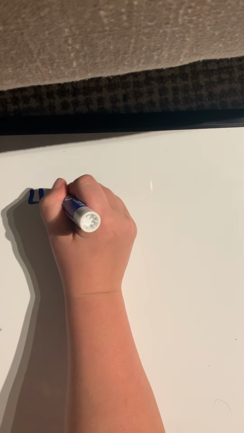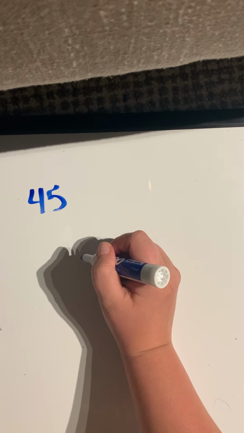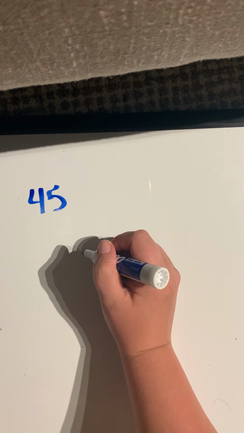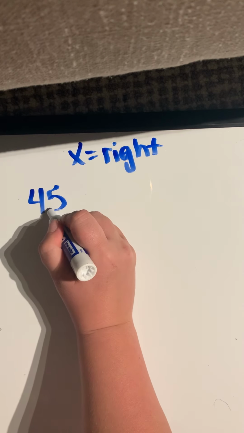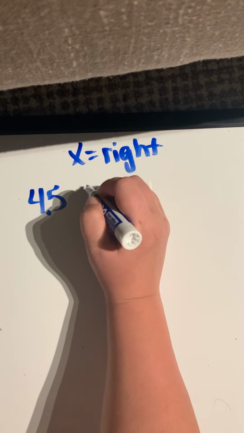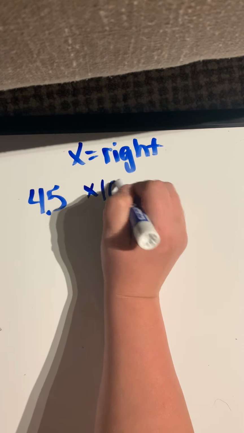Okay, so for number 1, we should have gotten 45 because we moved our decimal place. Multiplication means to the right. We moved our decimal to the right 1 time. Zoop, zoop. So it just became 45.0, which is the same thing as 45.